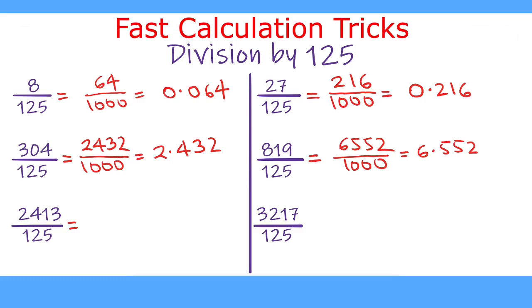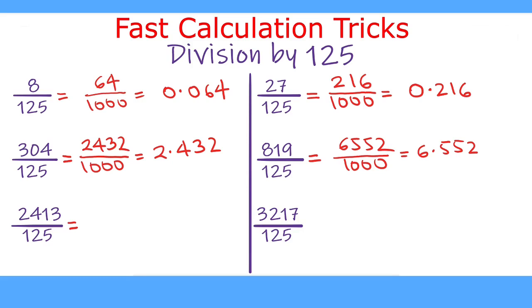Our next question is a 4 digit number, 2413 divided by 125. We split 2413 into 2400 plus 13. So the double of 24 is 48, and double of 48 is 96, and double of 96 is 192. So 2400 becomes 19,200, and 13 times 8 is 104.